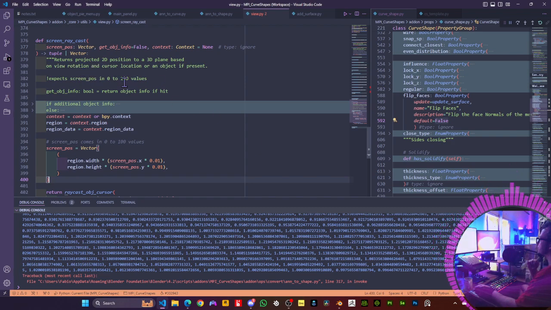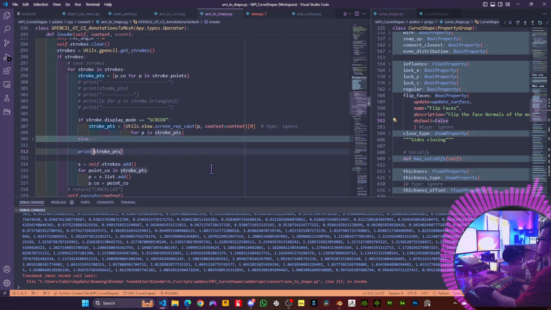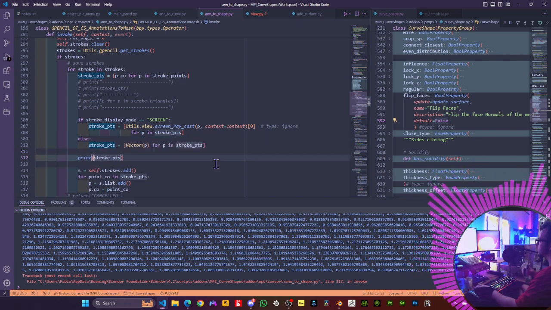Expect screen pause in 0 to 100 values. Now probably giving it, yeah, vectors, 2D vectors. So why would I create this here? This is weird.